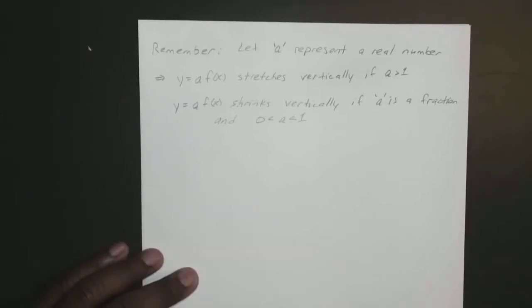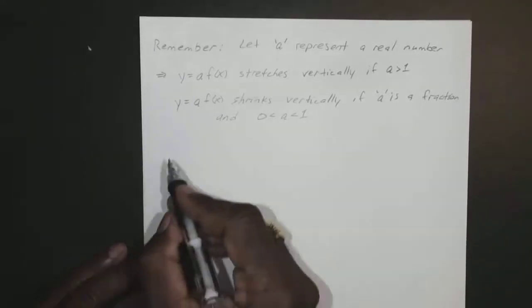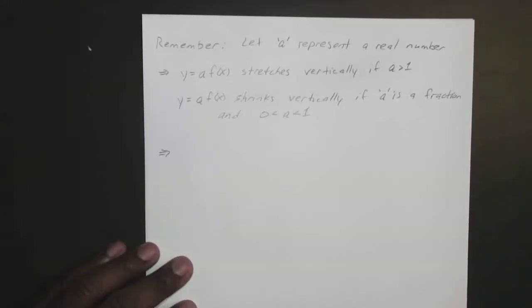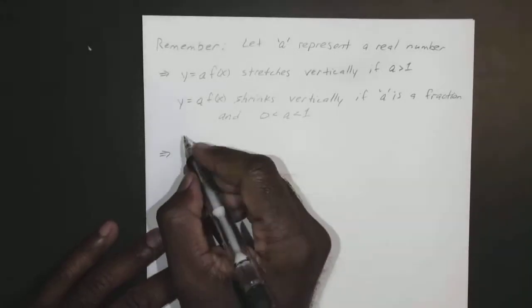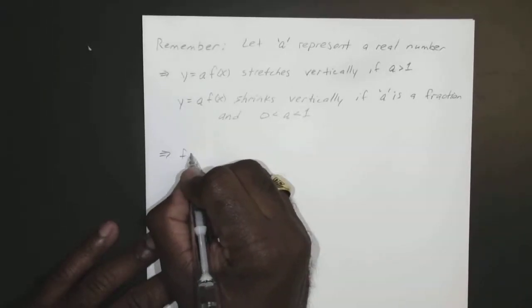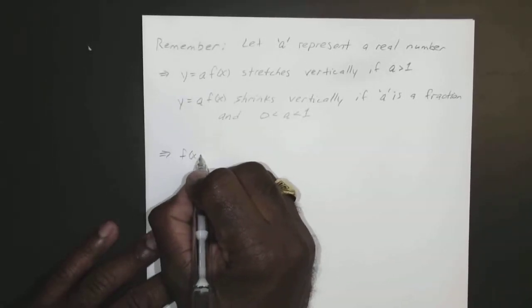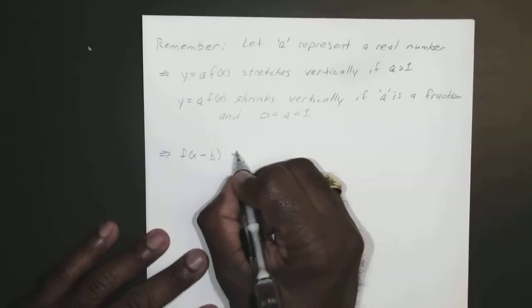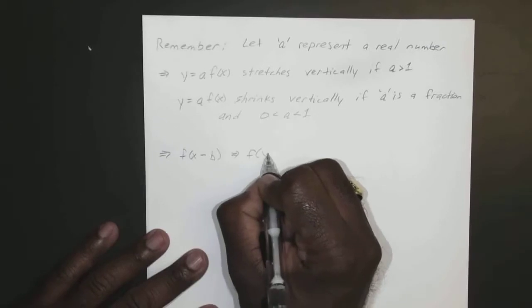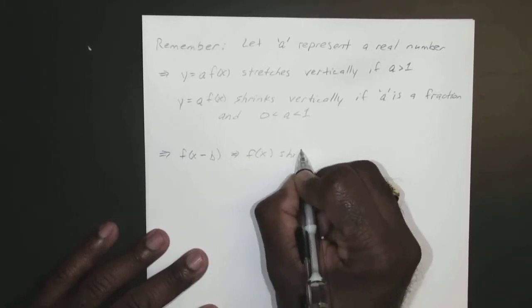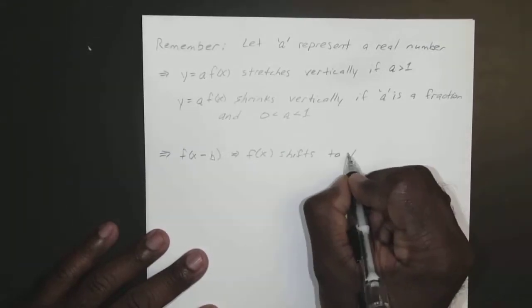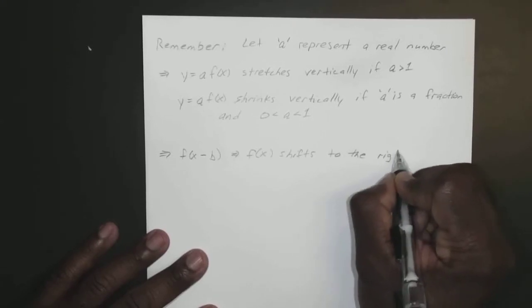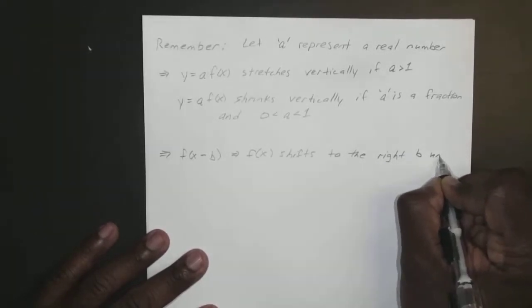Okay. So also, since these are a little bit different, I'll start a new line here. f of x, let's say x minus b, means that f of x shifts to the right b units.